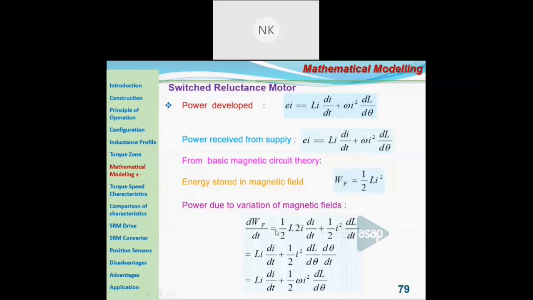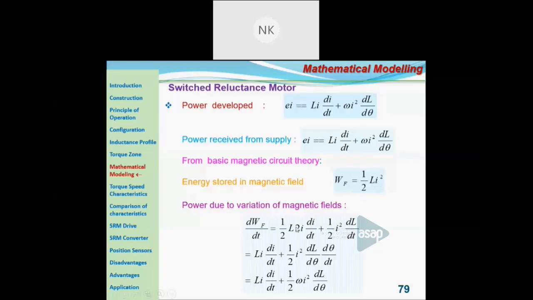You will have half of L times the derivative of i squared, which is 2i into di by dt. Is it clear? Then the second component is half of i squared, keeping it constant, and differentiating L with respect to dt. So if you keep L constant, you differentiate i squared. If you keep i squared constant, you differentiate with respect to L.